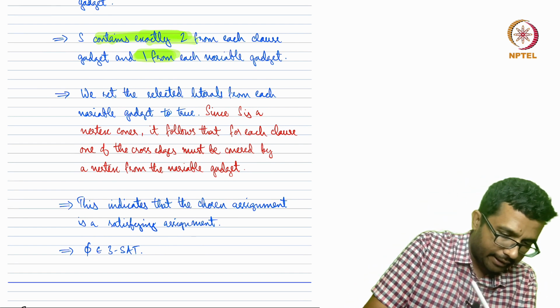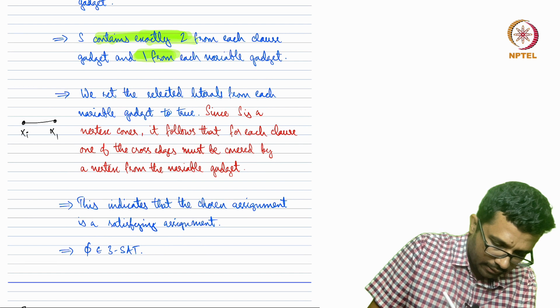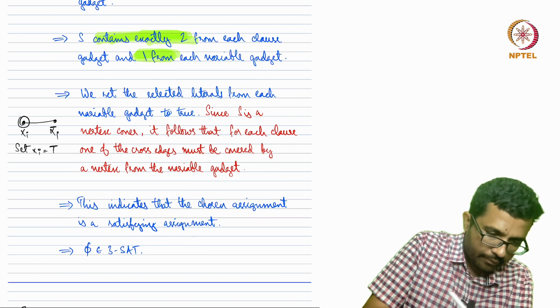So maybe I'll just write it again here. So suppose some xi is picked, so we set xi to true.